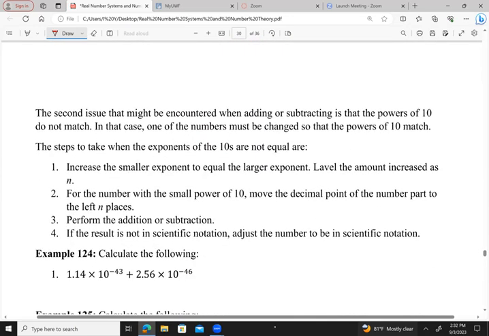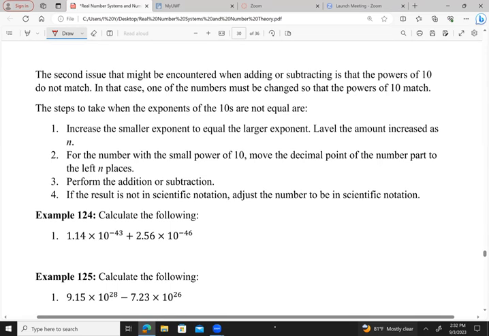The second issue that might be encountered when adding or subtracting is that the powers of 10 do not match. In that case, one of the numbers must be changed so the power of 10s match. The steps to take when exponents of 10s are not equal. Increase the smaller exponent to equal the larger exponent.